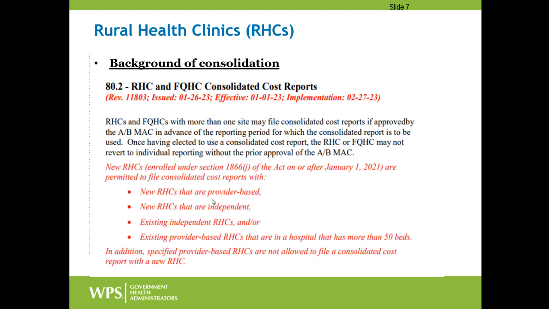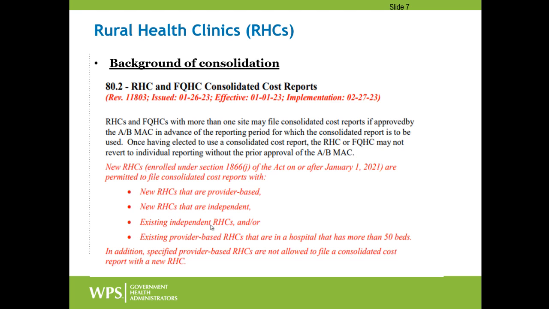It has to be either with new RHCs that are provider-based, or new RHCs that are independent if you're filing an independent cost report for an RHC, or existing independent RHCs. Because again, the whole point about independent is there was no exception from the limit.